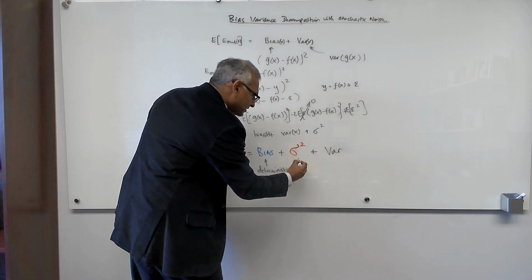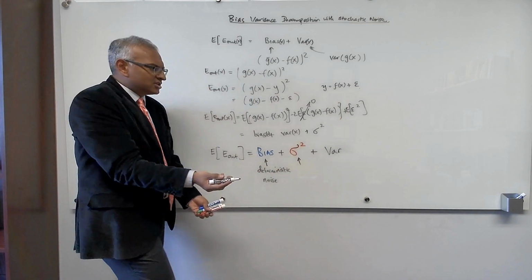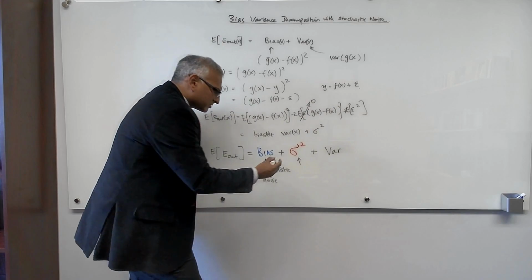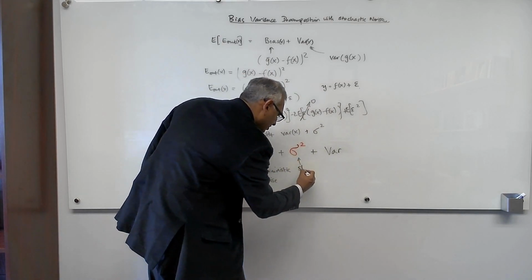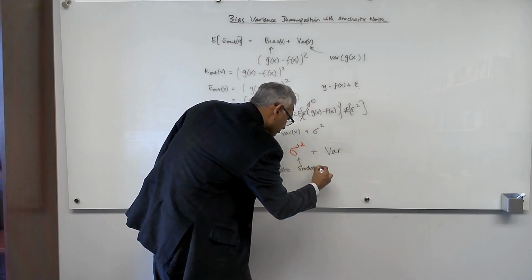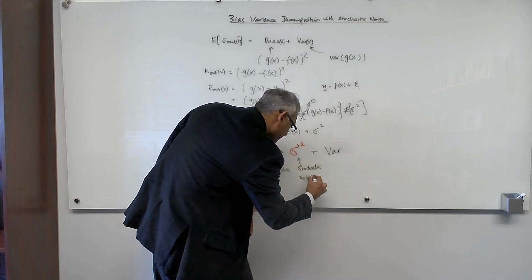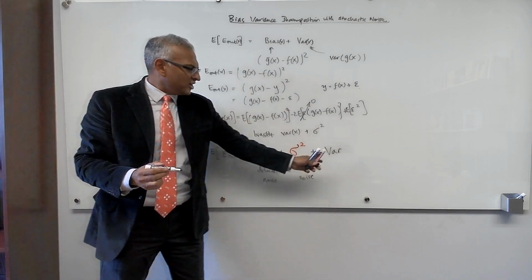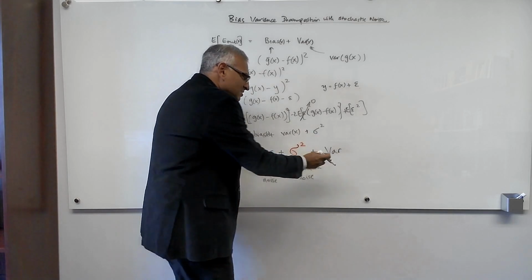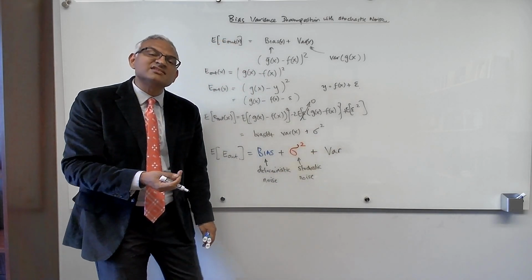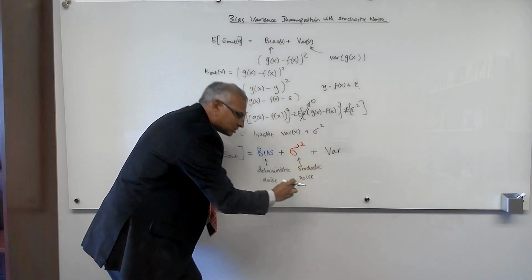Well, this guy is exactly the stochastic noise. By definition, it's the variance of the measurement error. So this quantifies the stochastic noise. And this variance is the interesting guy. This variance is in some sense the indirect impact of these two types of noise.